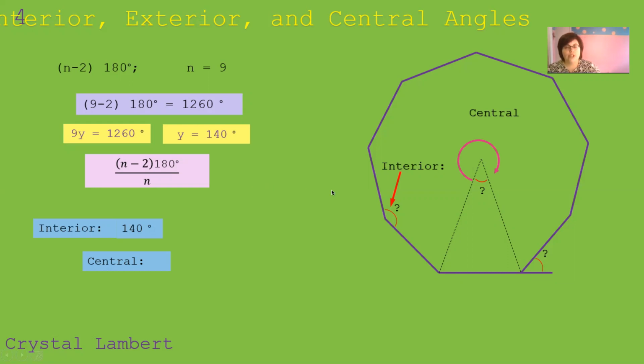So in this situation, this central part, there's a total of 360 degrees. So for this one, we take our 360 degrees and divide by n. N is the number of sides on our shape. And that is going to give us a total of 40 degrees.